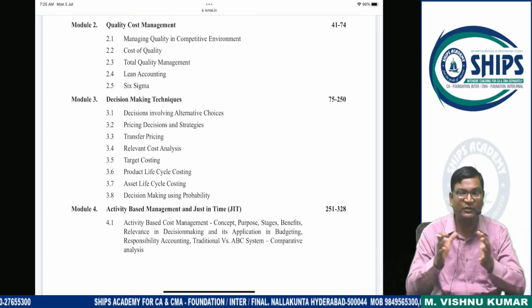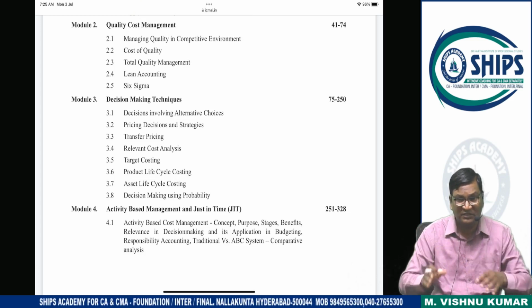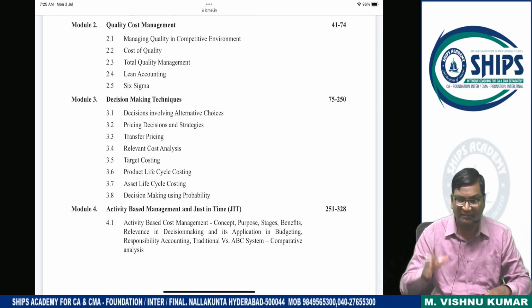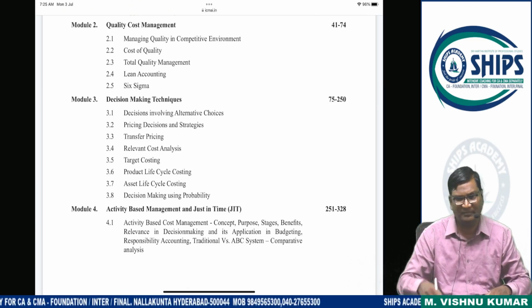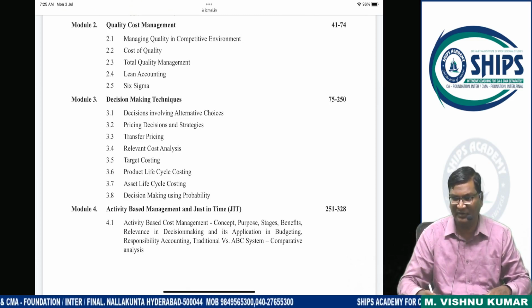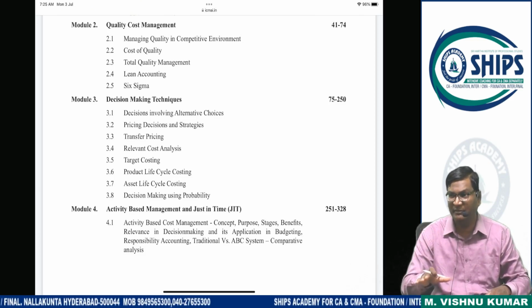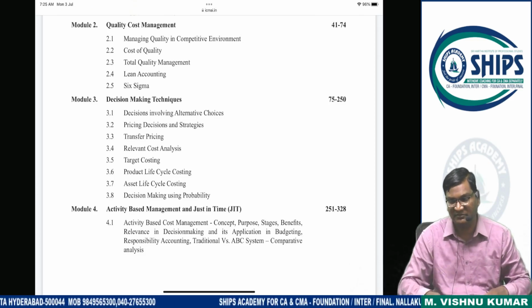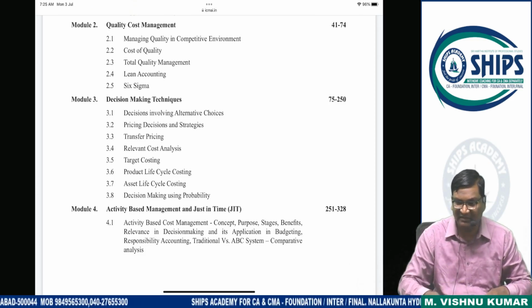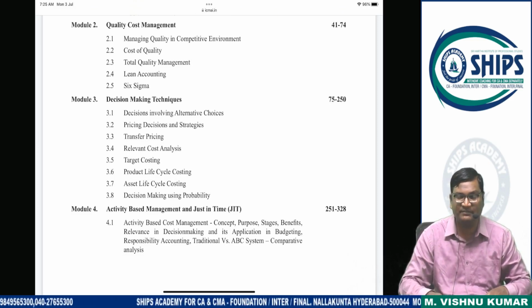So there is a deal and a negotiation between the two departments about the price. The reason is the purchaser does not want to pay the maximum amount, he wants to pay the minimum only, and the seller wants to charge the maximum. So between maximum and minimum, one price is decided. That price is the transfer price. You will understand this in transfer pricing. This is called the internal transfer pricing system.